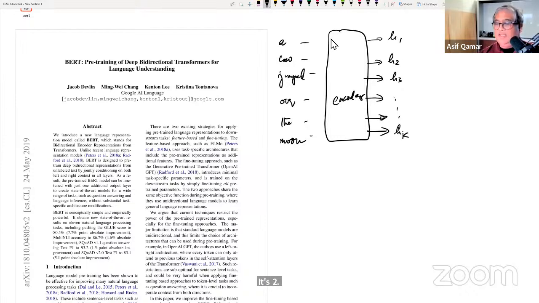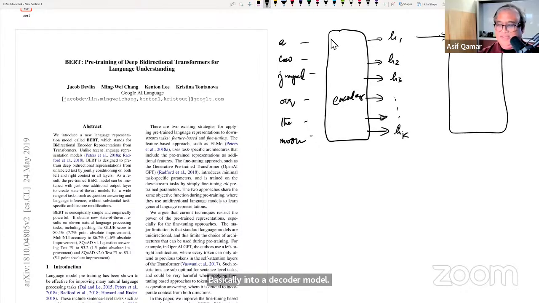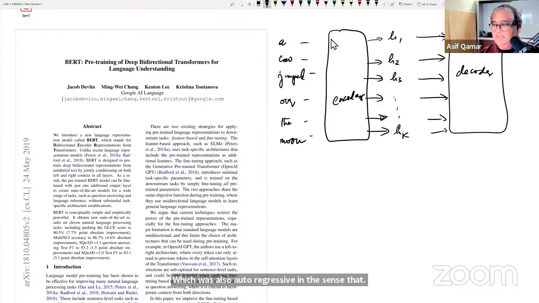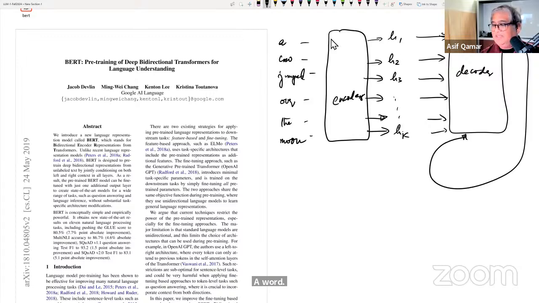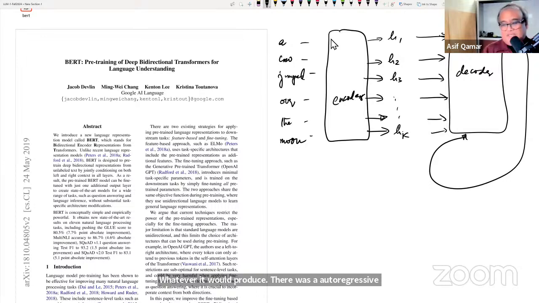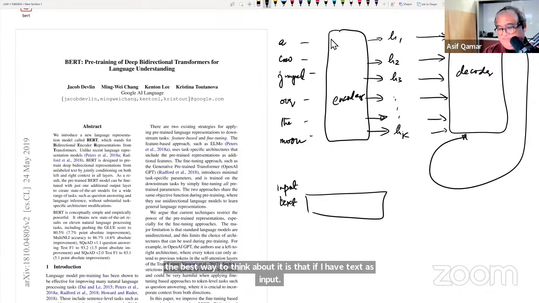And then they would go into a decoder model, which was also autoregressive in the sense that the decoder would produce a token, a word, and that word would be fed back in. The best way to think about it is that if I have text as input, I have an encoder and I produce a hidden state.